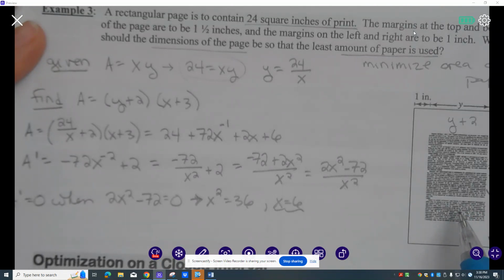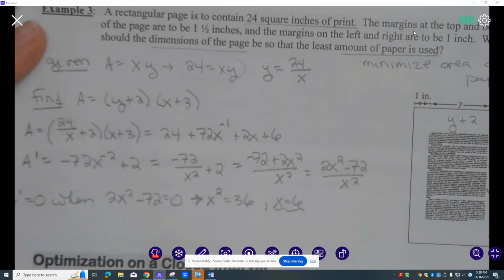So we're disregarding that, because we're not going to have an area where we have all y and no x.